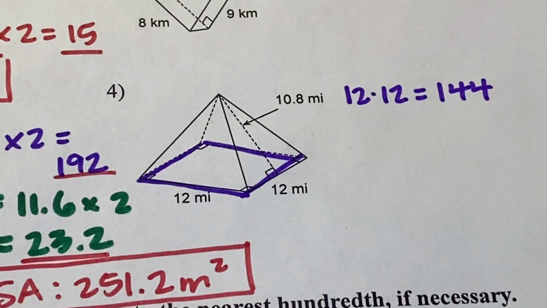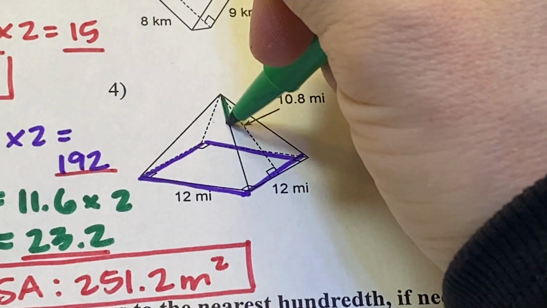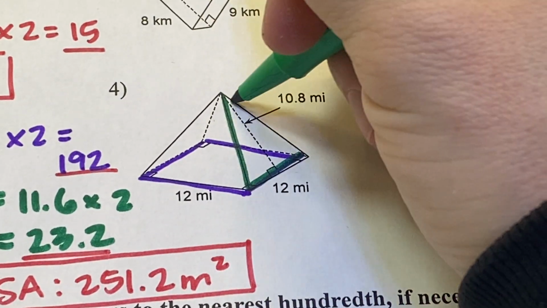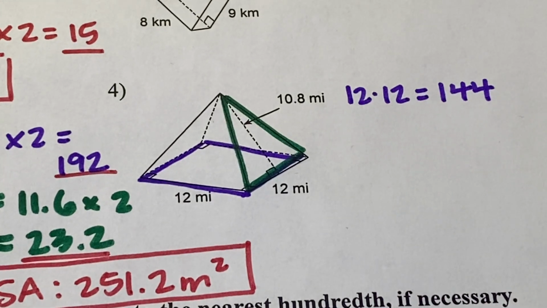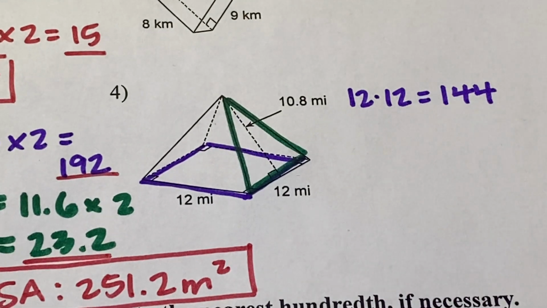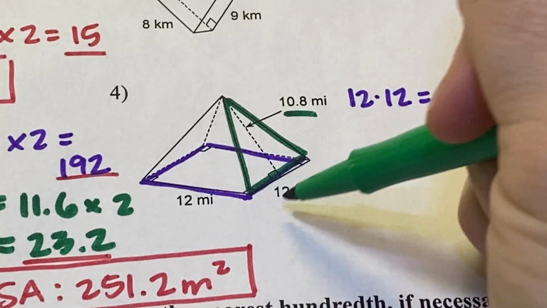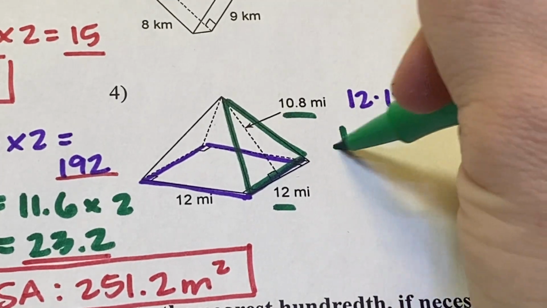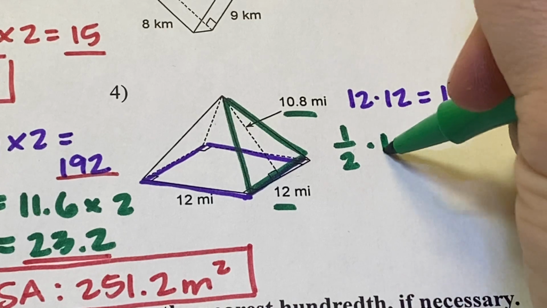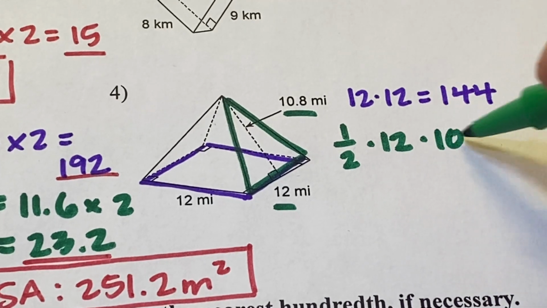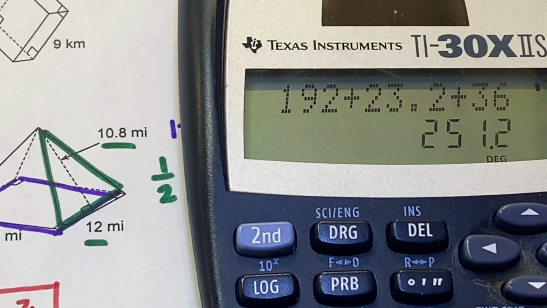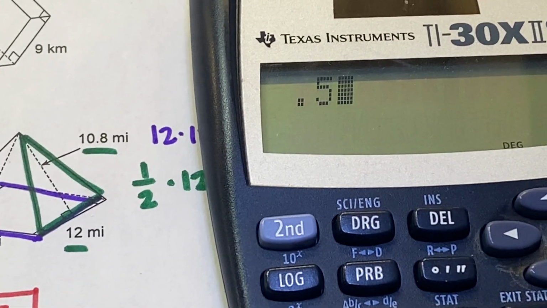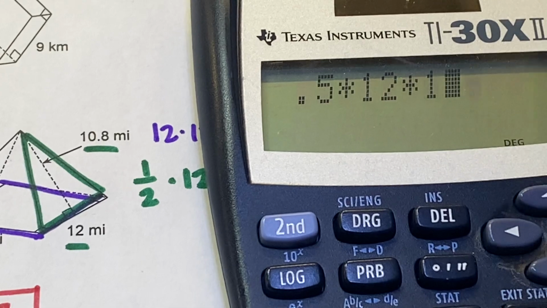Okay, so let's go ahead and do that. We just need to find the area of one of these triangles. So I need my base and my height here. What 2 measurements do I need? 12 and 10.8. Beautiful. Again, it's a triangle, so 1/2 times my base, 12, times my height, 10.8. Go into my calculator: 0.5 times 12 times 10.8.